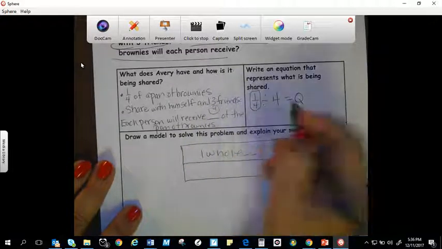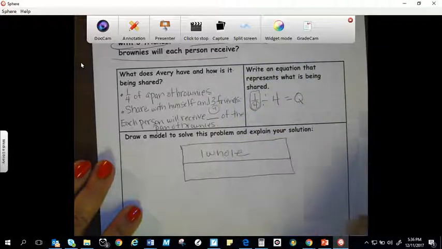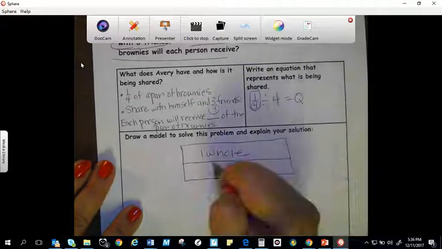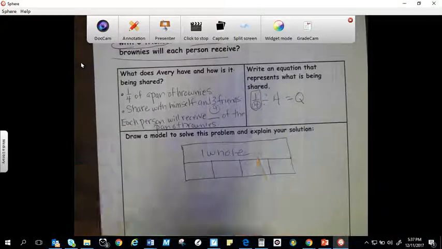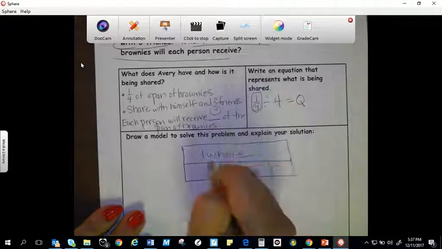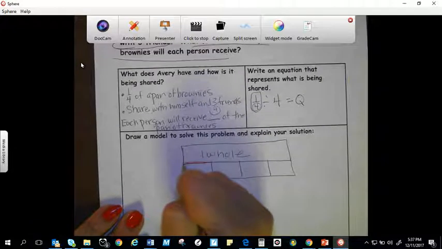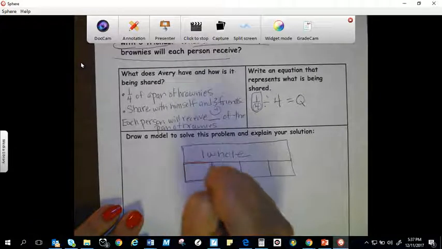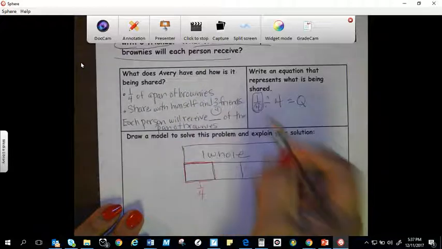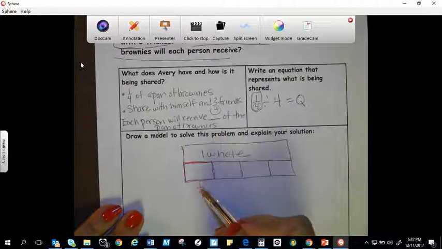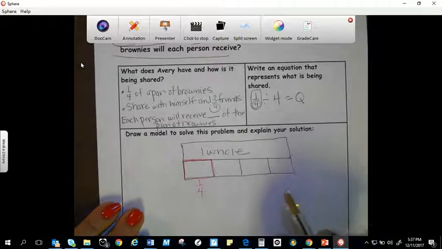So remember, my 4 tells me the total number of parts in my whole, and I'm only going to use this one right here. Because it tells me 1/4 and 1/4. So I hope this helps out a little bit better.